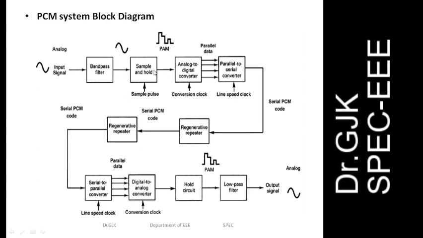Then at each time period t1, t2, t3, sample values will be taken. These sample values will be applied to the analog to digital converter. It will convert these analog values into digital data, and this digital data will be applied to the parallel to serial converter. It will convert this digital data into binary zeros and ones and transmit it through the line.